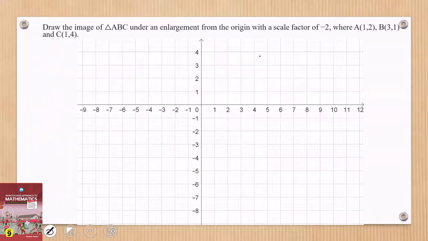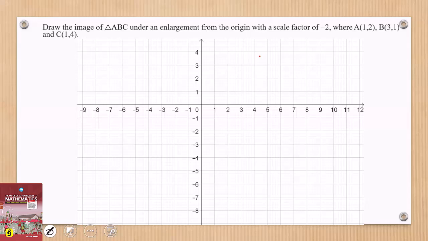In this case, we want to draw the image of triangle ABC under an enlargement from the origin with a scale factor of -2, where A is (1, 2), B is (3, 1), and C is (1, 4).